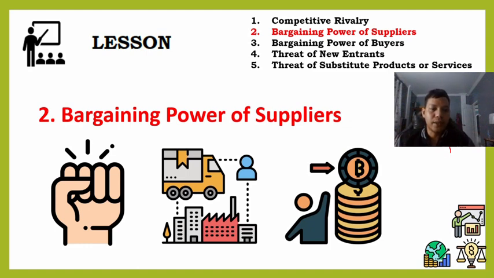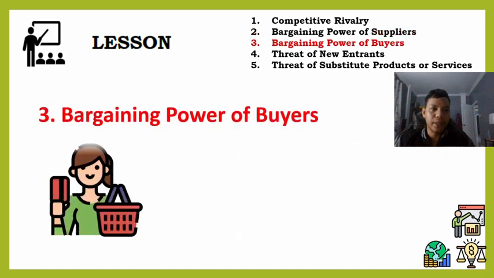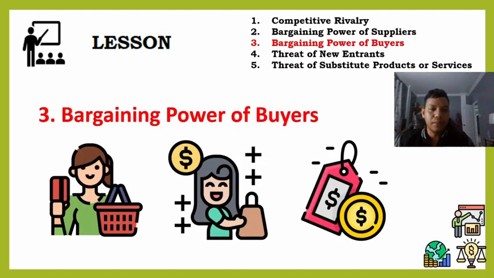Number three is the bargaining power of buyers. This force looks at the power of the consumer to affect pricing and quality. The consumers have power when there are not many of them but lots of sellers, as when it is easy to switch from one business's products or services to another.